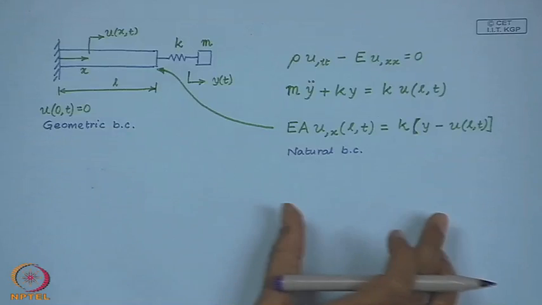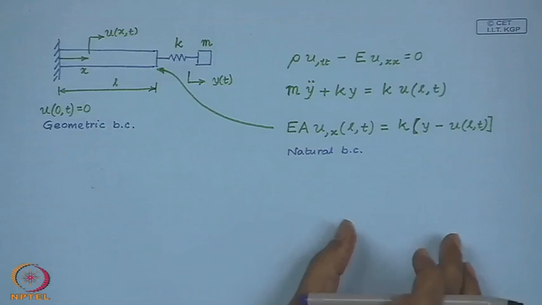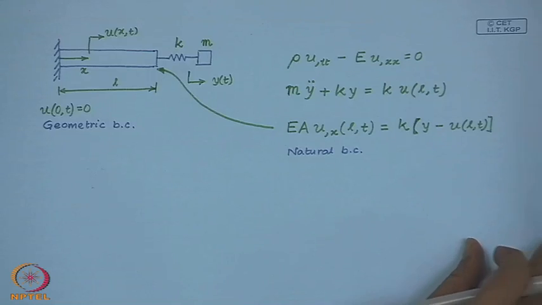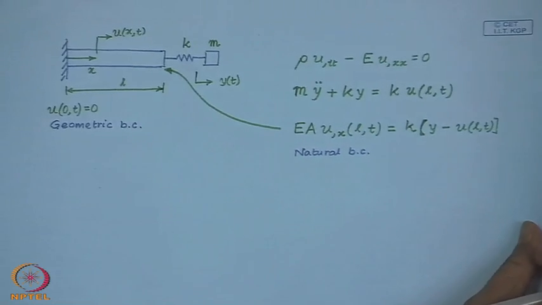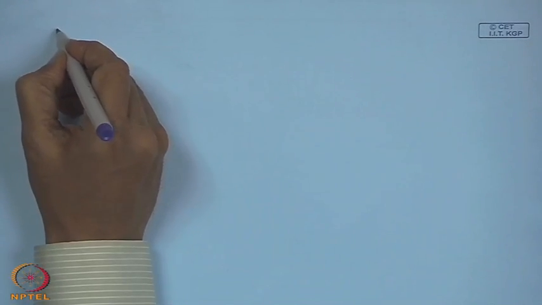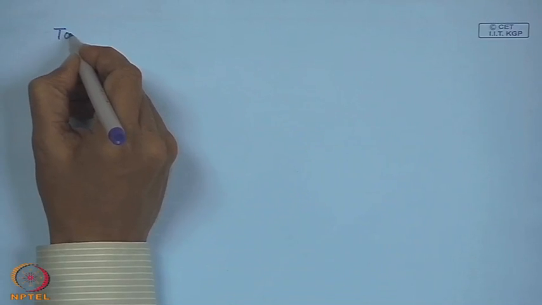So, with these two examples, we will move on to the next example or the next case that we are going to consider, which is torsional vibrations.